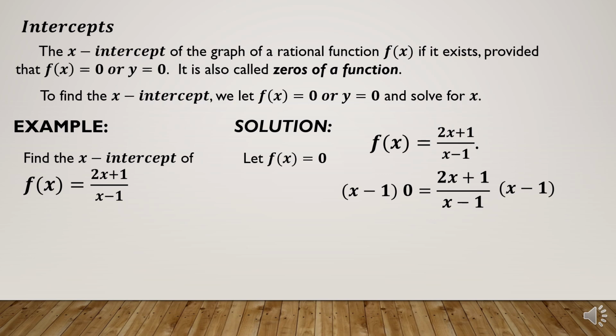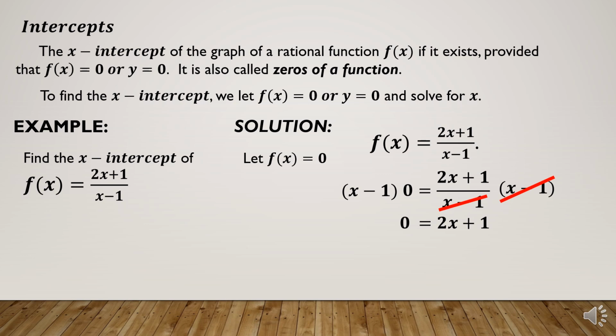Let us start with the left side of our equation. In simplifying, x minus 1 times 0, so we have 0. Then, on the right side, 2x plus 1 all over x minus 1 times x minus 1, so we can cancel out x minus 1. So we have 2x plus 1.